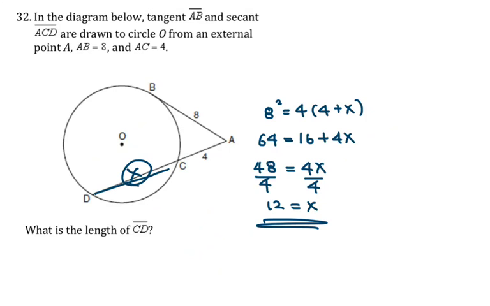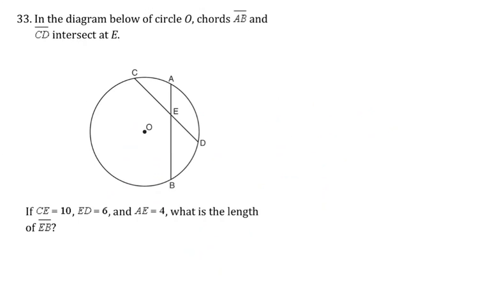Alright, let's go for a couple more questions. Here we have CE is equal to 10, and ED is equal to 6, and AE is equal to 4, and what is the length of EB?